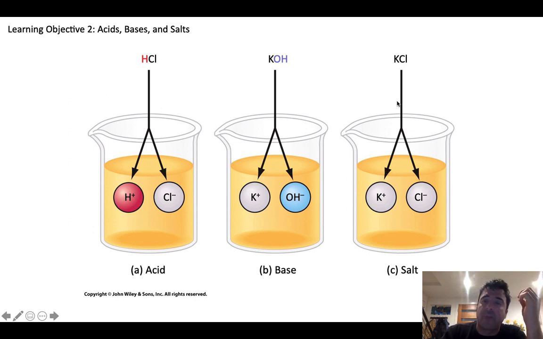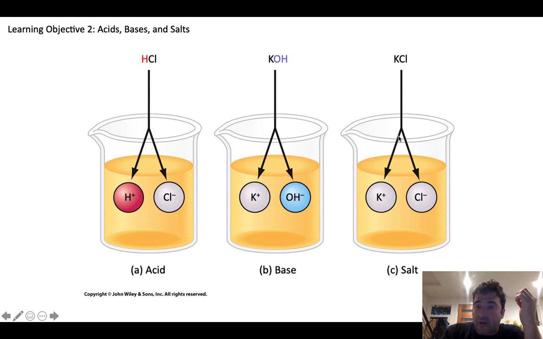a neutral pH. Salts, on the other hand, always consist of a metal and a nonmetal bound together ionically, and when they dissociate in solution, they form a cation and an anion, neither of which is hydrogen or hydroxide. In that case, you are looking at a salt.